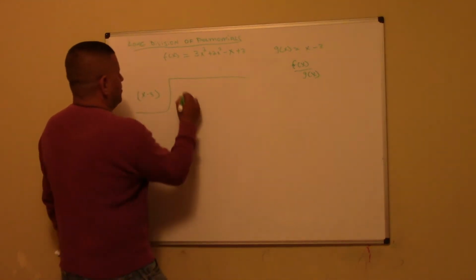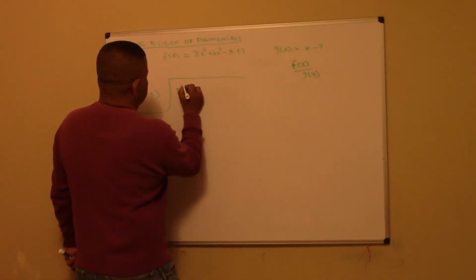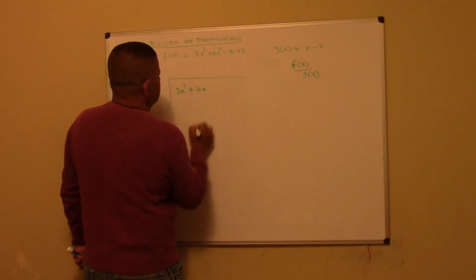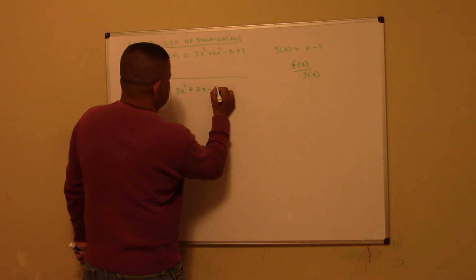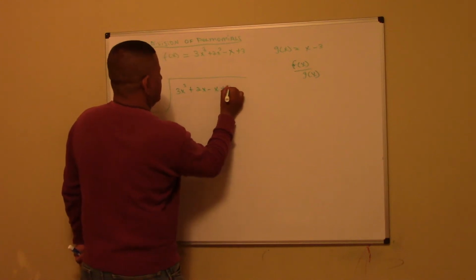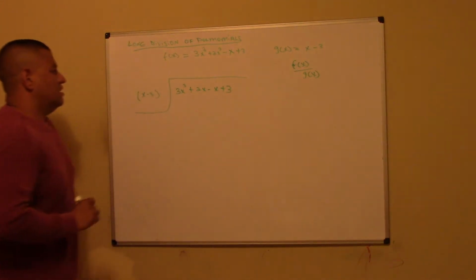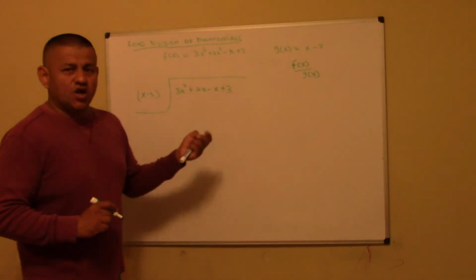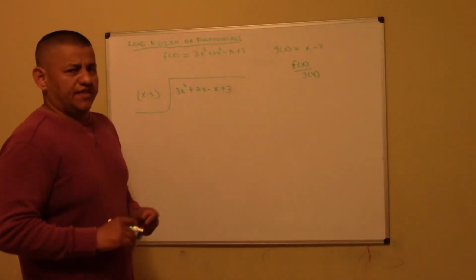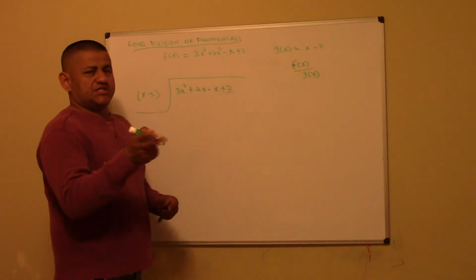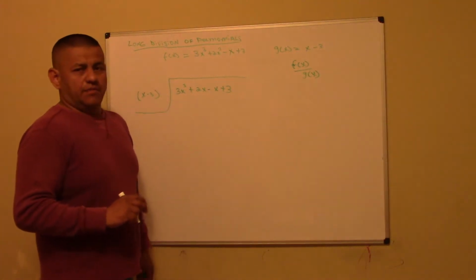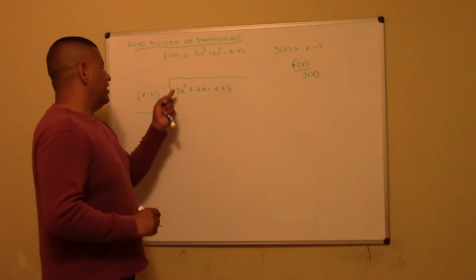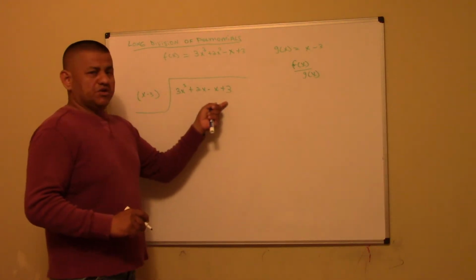Then over here we put 3x cubed plus 2x squared minus x plus 3. Notice that the powers are already in descending order, so I don't have to rearrange anything. It's in descending order, from the highest power to the lowest power.